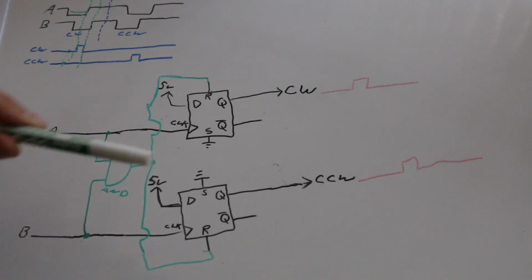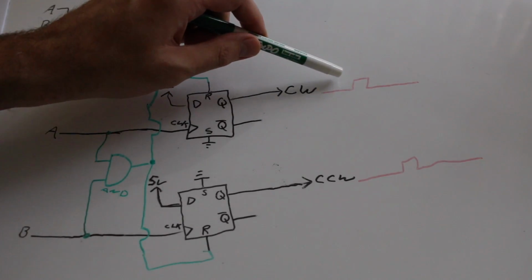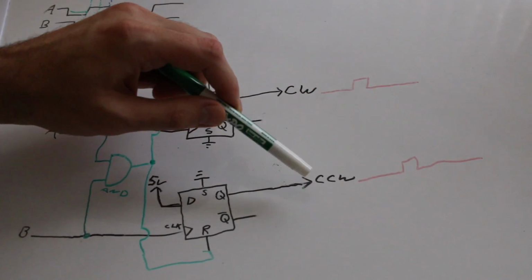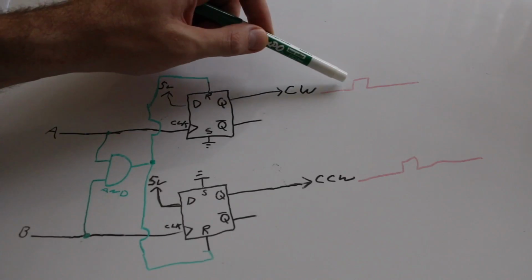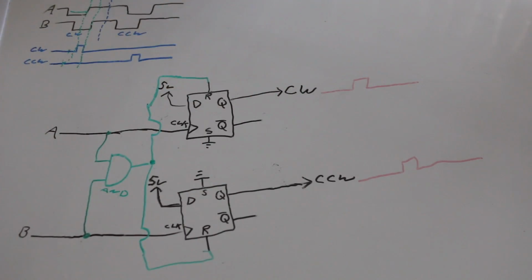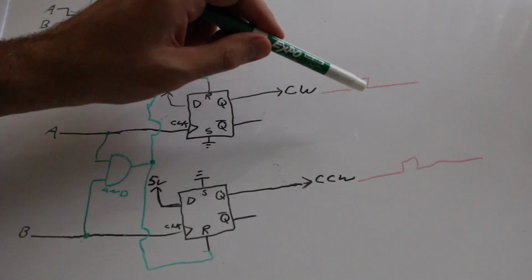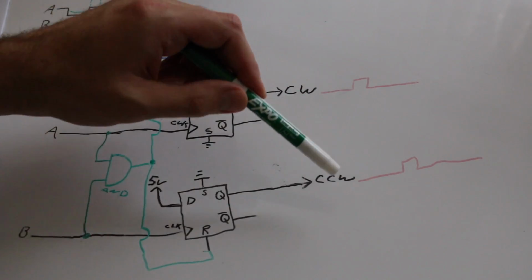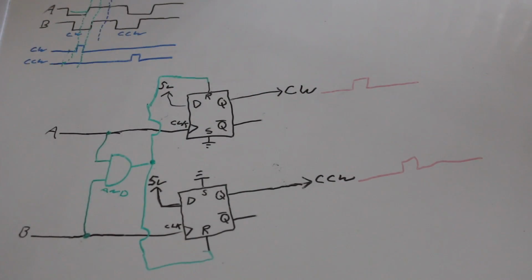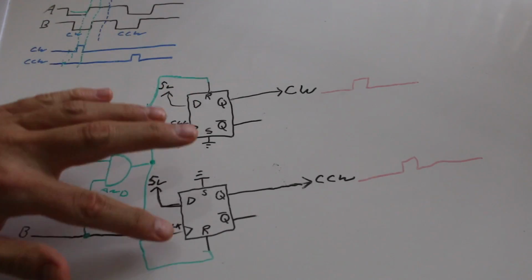But we still have the problem where we're actually going to get a rising edge clocking a 1 on both of these. It's just one's going to be first, the true one. So we need a way so that when something has triggered, we want to disable the other one for the rest of the cycle. That sounds like some sort of a lockout circuit or a gate to enable and disable the clocking of these.